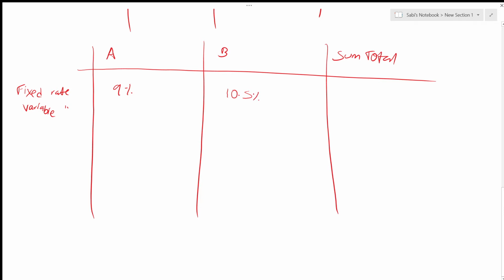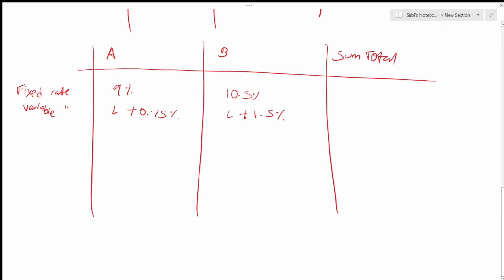When you go to variable, for LIBOR I'm writing L, so it is L plus 0.75%. And here the variable rate is L plus 1.5%.